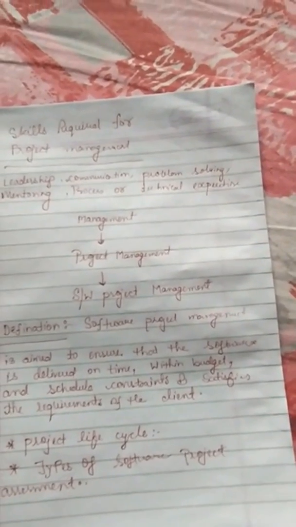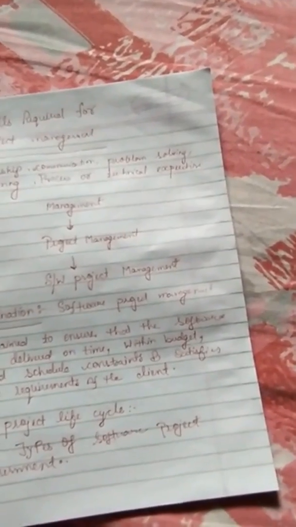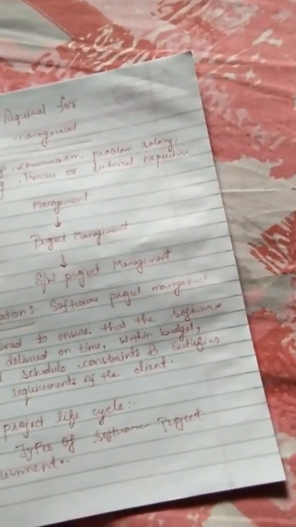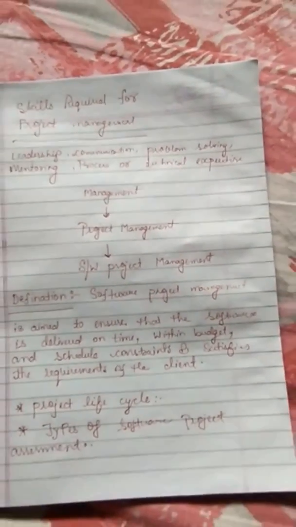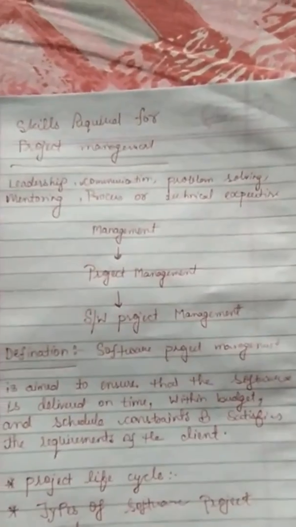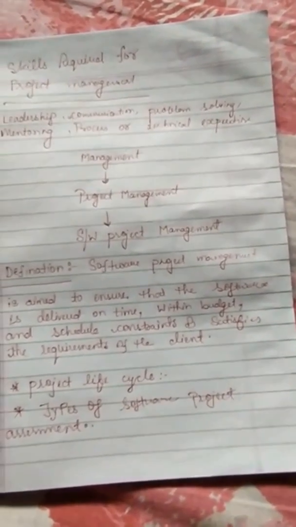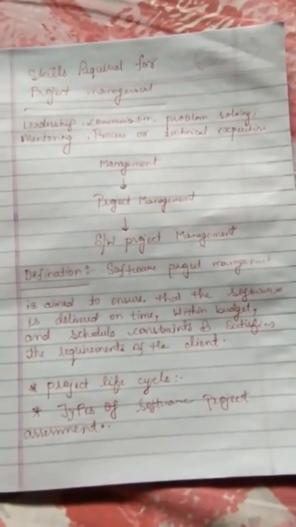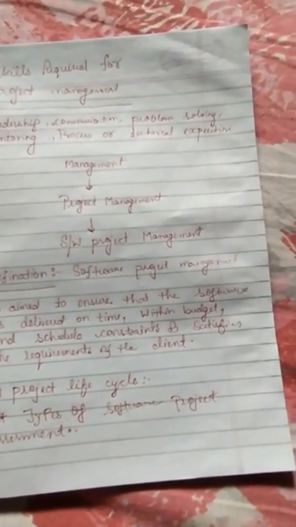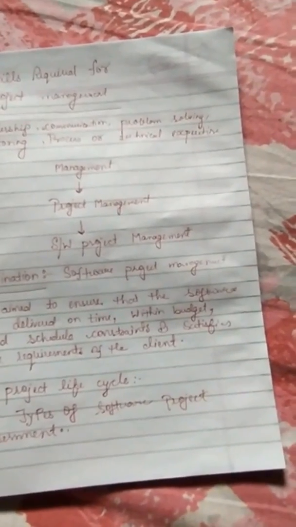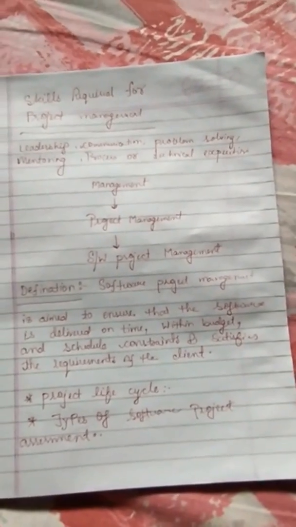Communication: the project manager should be able to communicate openly with every hierarchy of the organization. He must have problem-solving skills as well. Mentoring signifies that one person will be available to mentor or guide subordinates on at what point to undertake the project and till what deadline it goes. And the last is process and technical expertise.